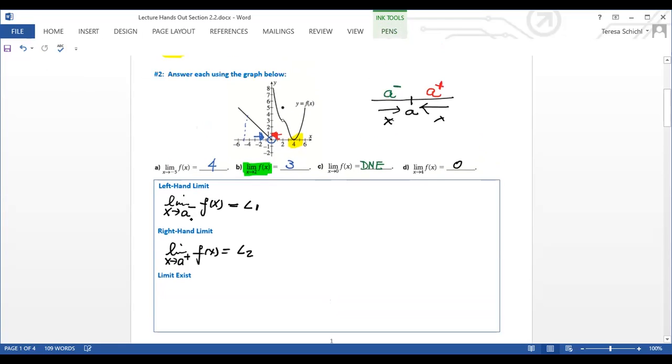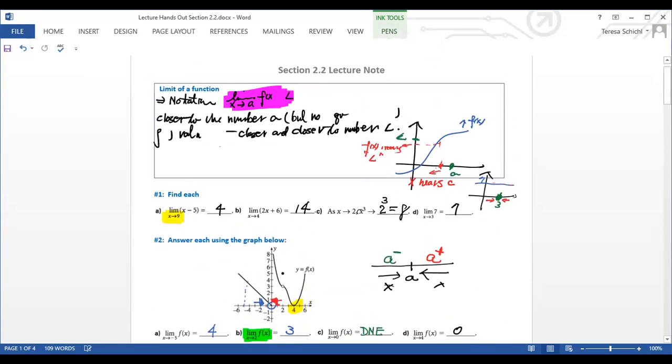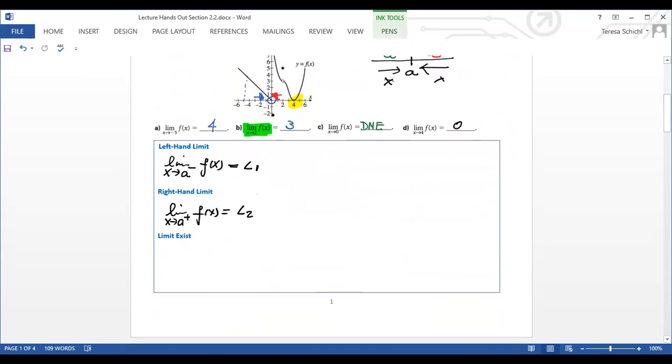So now when we say the limit exists, based on our definition, what is the limit? The limit as x approaches A, f of x equal to L. So if I write it this way, I say the limit as x approaches A, f of x equal to L exists. What does that mean?